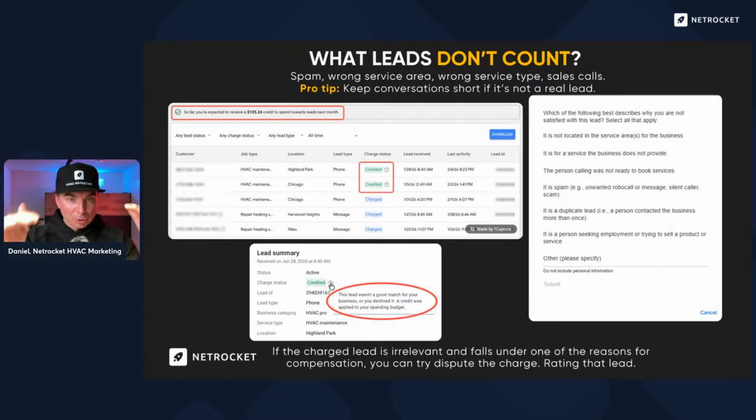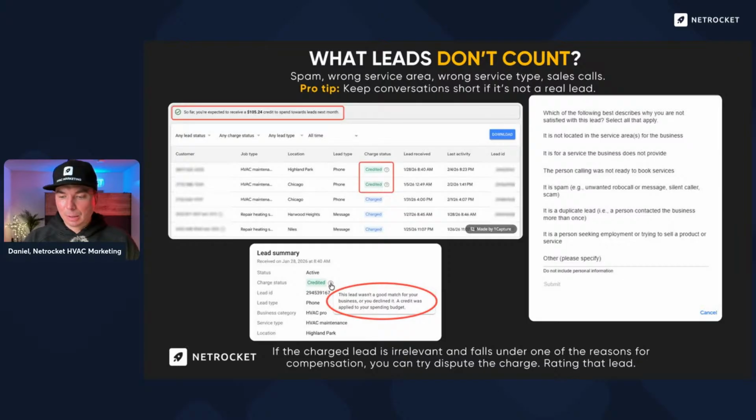Or if you check the leads, this is again very important. You don't have to only rate the leads, but you check your leads and you listen to them, or you have a person who will do this. And if you hear that this is not a valid lead, you don't want this kind of leads, you rate them. I wouldn't say most of the time, but a lot of the times when you rate this and you see that the quality of the lead is poor and it's not relevant to your business, it's not valid, then Google will credit it back to your account.